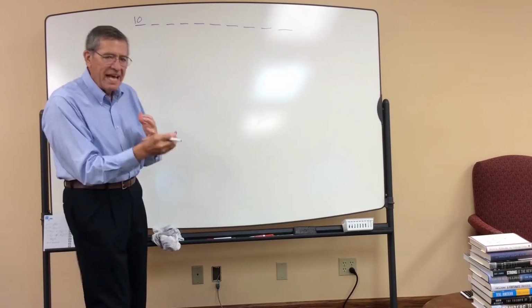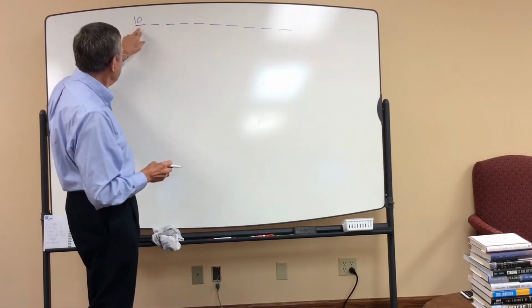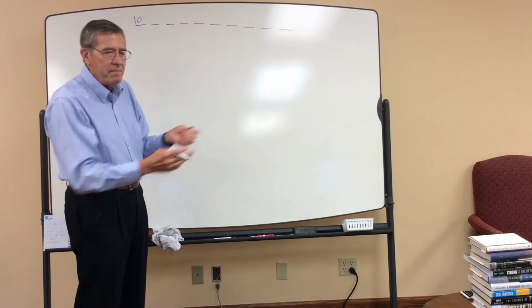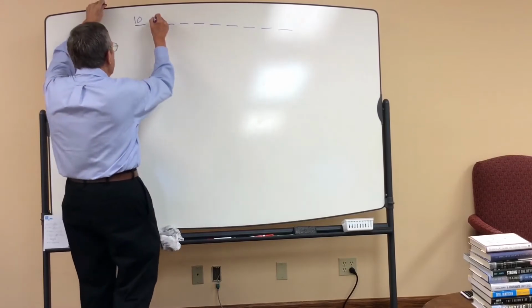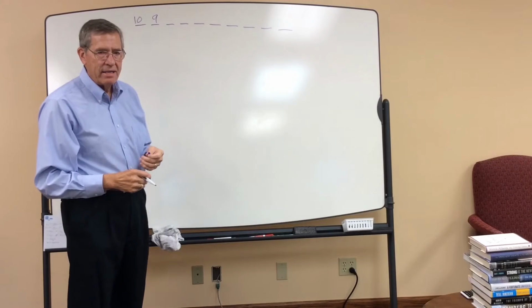Now once I've selected that initial book and placed it in this slot, I look at the pile and I say, how many books are remaining? And it looks like there are 9. So I can pick any of those remaining 9.